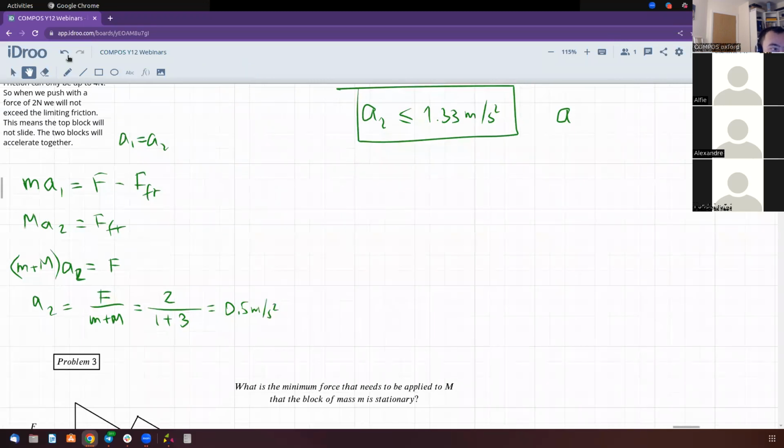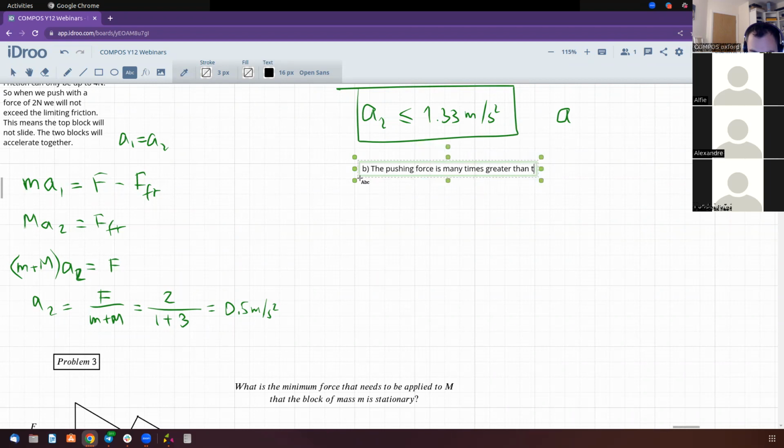Now, in problem B, the pushing force is many times greater than the maximum friction force.